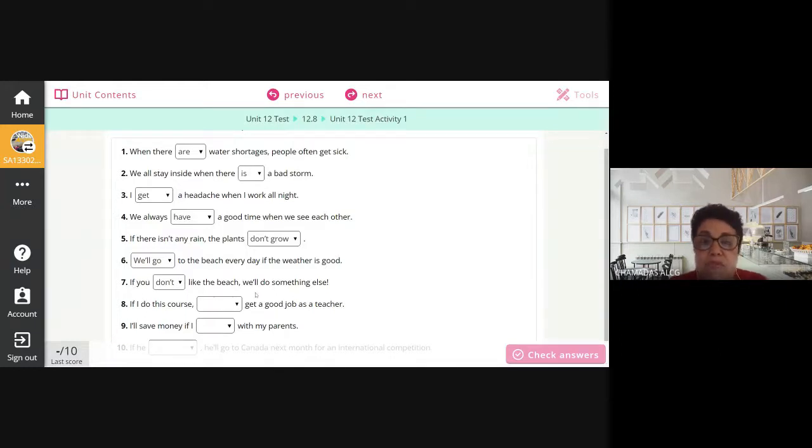When I use the first conditional, the if clause always takes the simple present. The second clause, which is the possible result, always takes the simple future. Okay? The if clause takes the simple present. Okay? Like here. All right? So here it's the if clause. So if you don't like the beach, we will do something else.